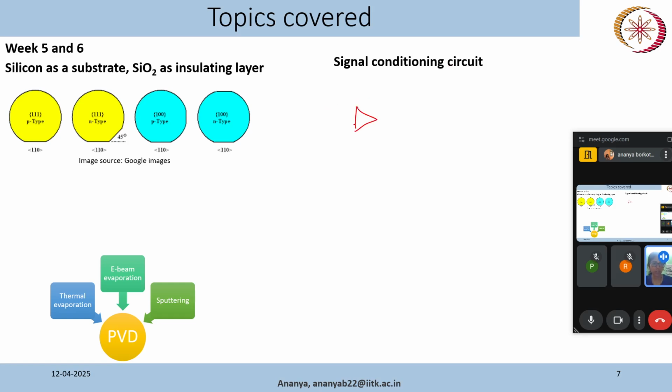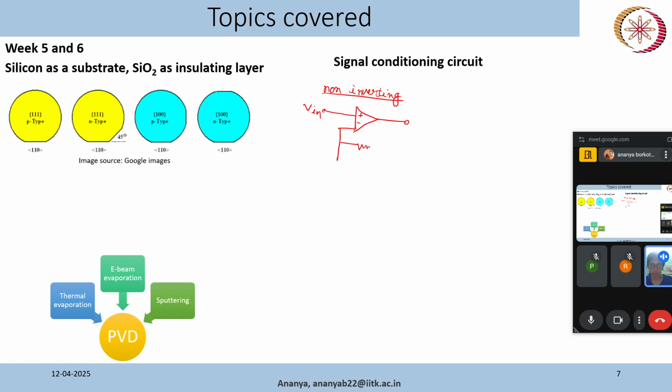We can amplify a signal using an operational amplifier, op-amp. It can have two configurations: inverting and non-inverting. If it is a non-inverting amplifier, in the circuit diagram we provide the input to the non-inverting terminal. So this is our Vin, and we give the feedback here.